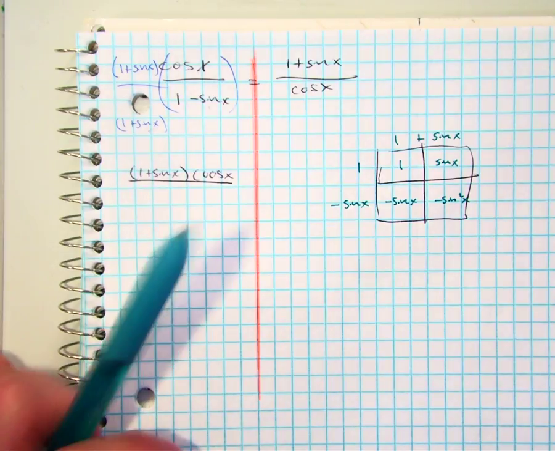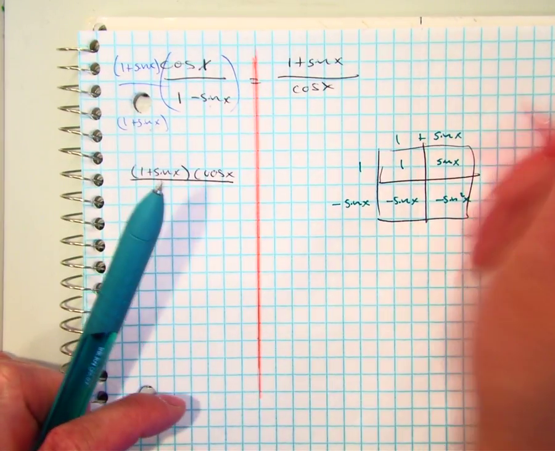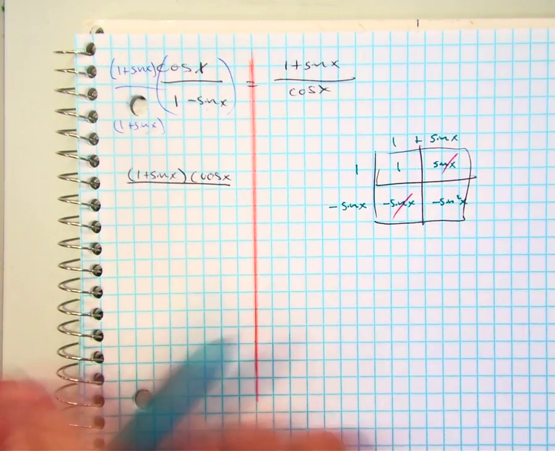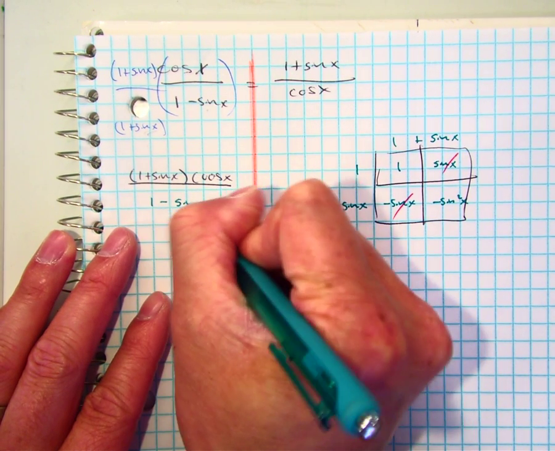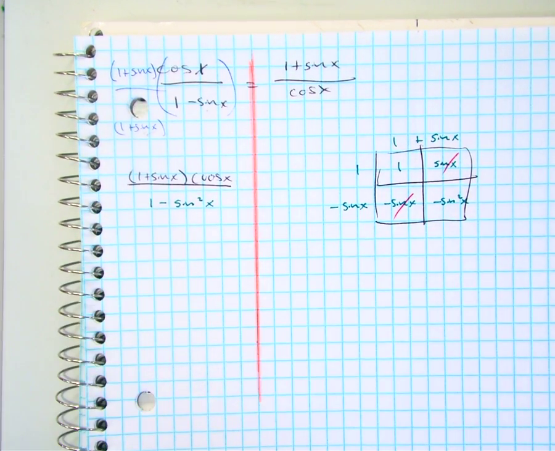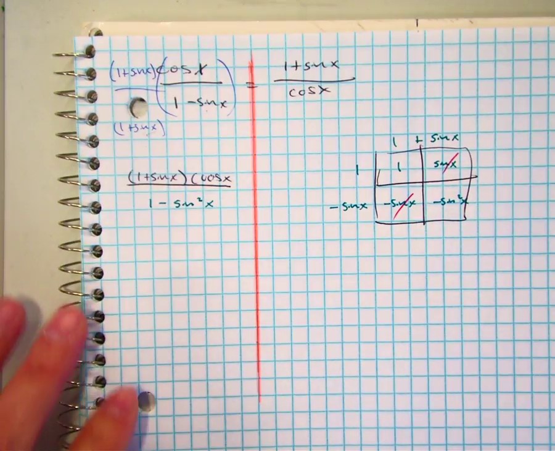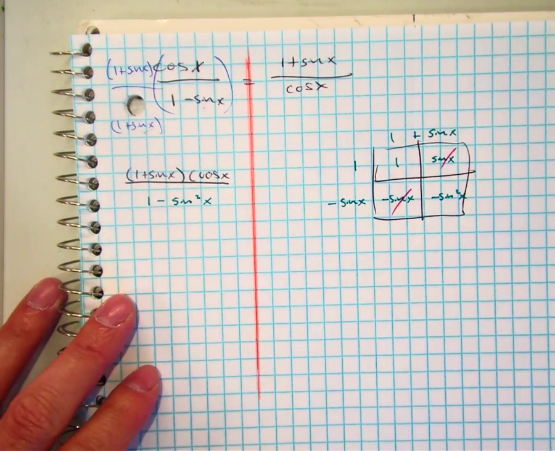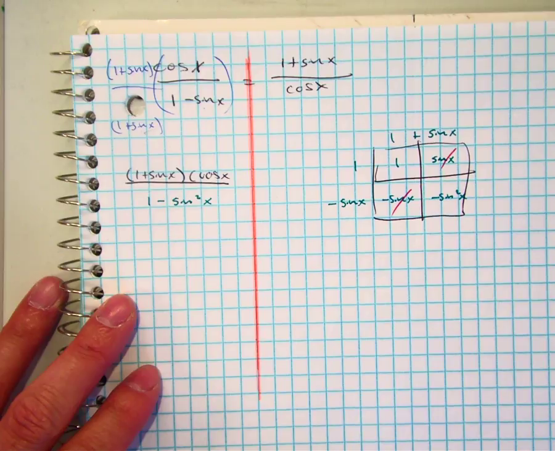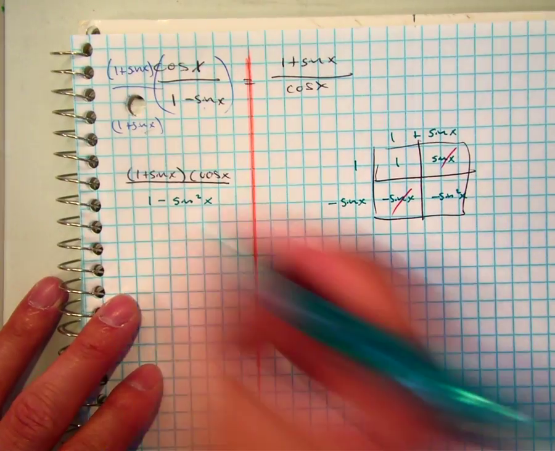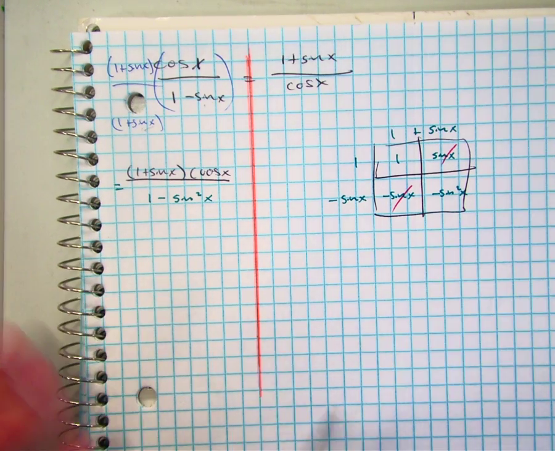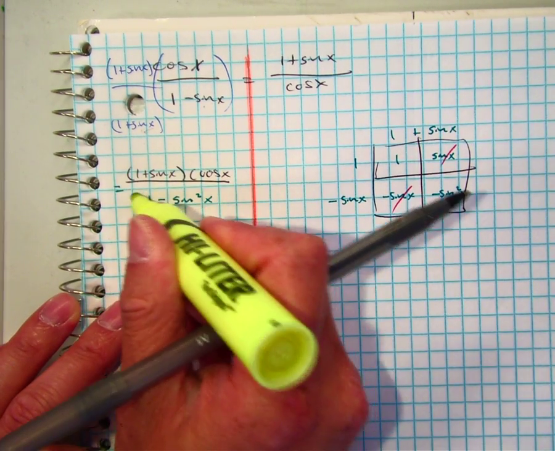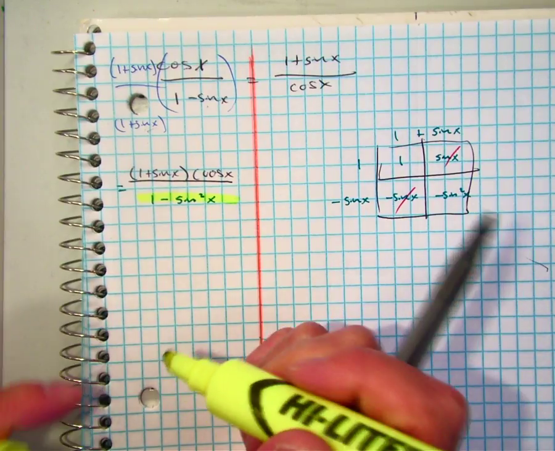When you simplify that, what do you get? What do I do next? Partner B, tell partner A. 1 minus sine squared x.